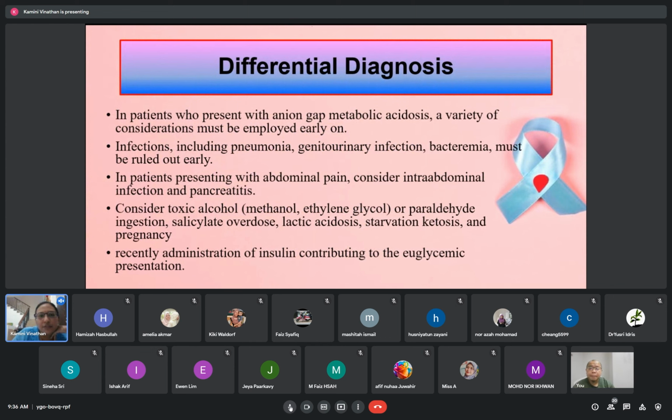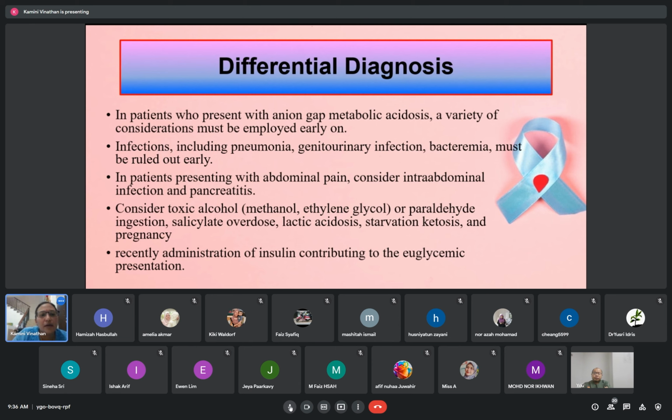Next, differential diagnosis. In a patient who presents with anion gap metabolic acidosis, we have to consider other differential diagnoses such as infection, pneumonia, UTI, bacteremia. A patient presenting with abdominal pain, we have to consider any intra-abdominal infections or pancreatitis.